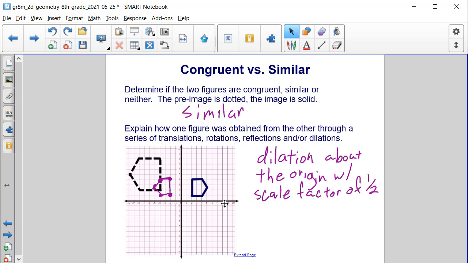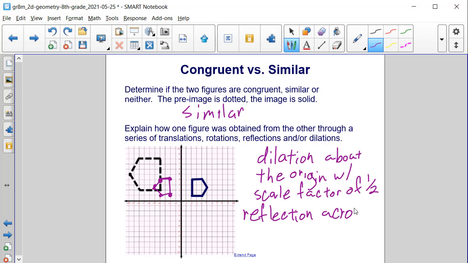This appears to be a reflection across the y-axis.